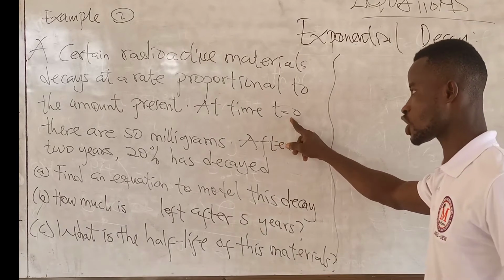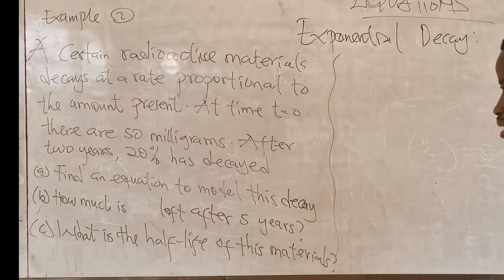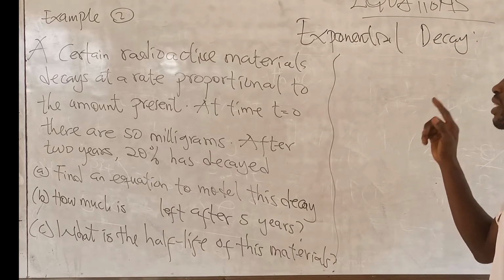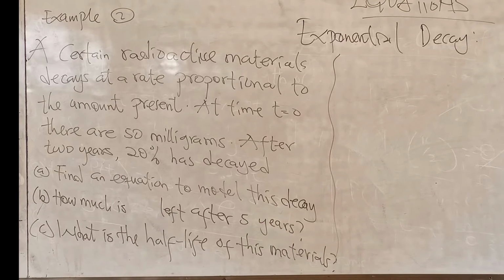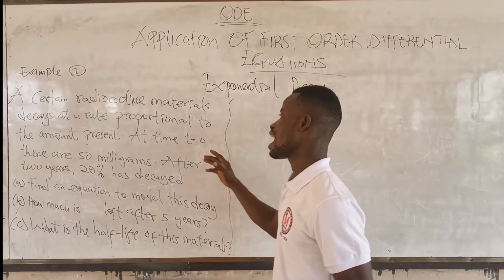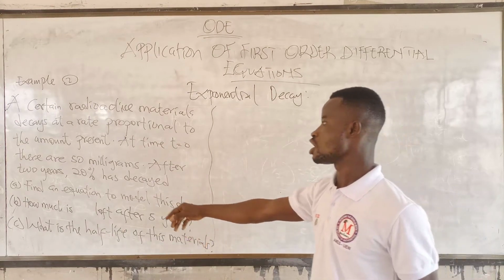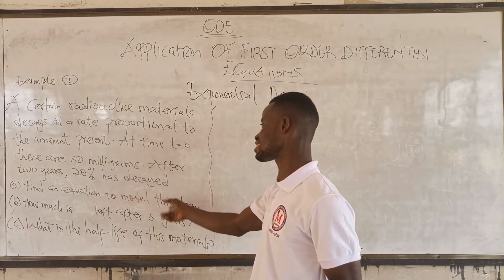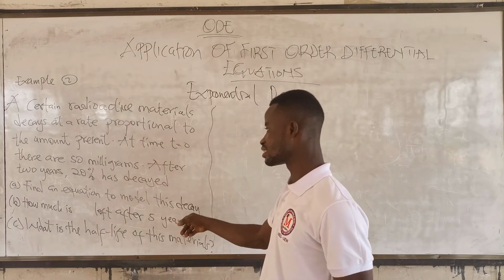At time t is equal to 0, there are 50 milligrams. After 2 years, 20% has decayed.